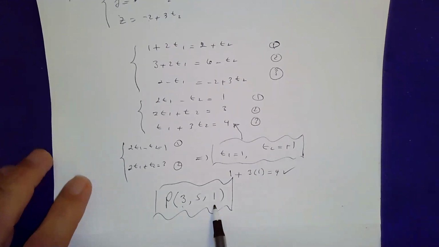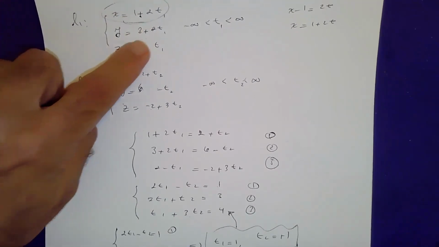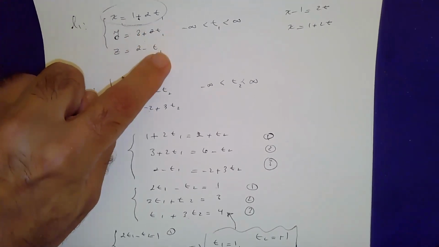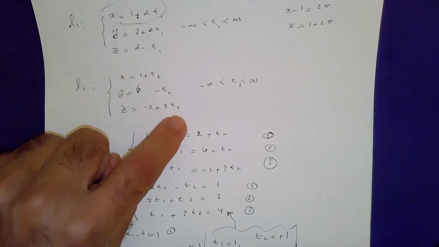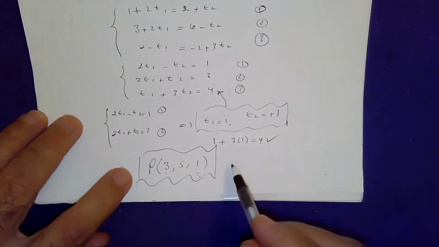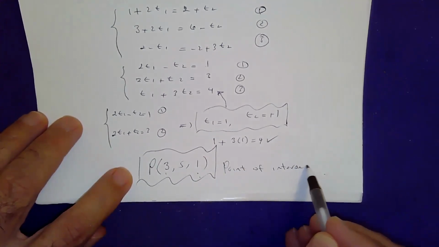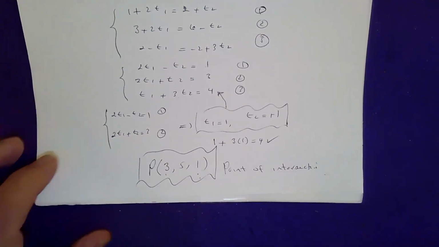Notice how I got this point. I replaced T1 with 1, and if you replace T2 with 1, you get the same point. And this is called the point of intersection of those two lines.